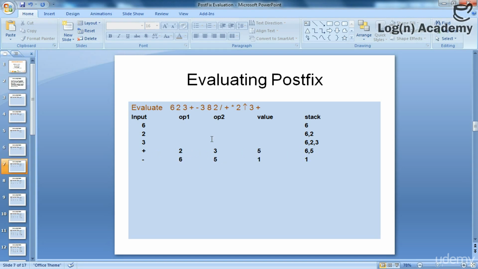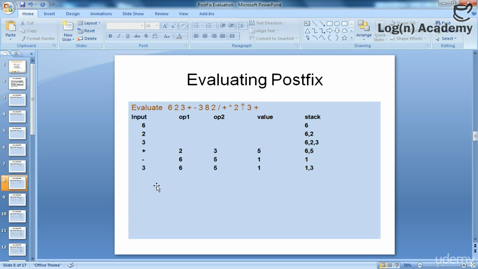In the same way, now we have the operator minus. Now we pop the two operands from the stack, that is 6 and 5, and when we apply the minus operator in between, we get the answer 1, and we have pushed the answer back to the stack. Right, it's not very complicated, it's just a simple step we need to follow.